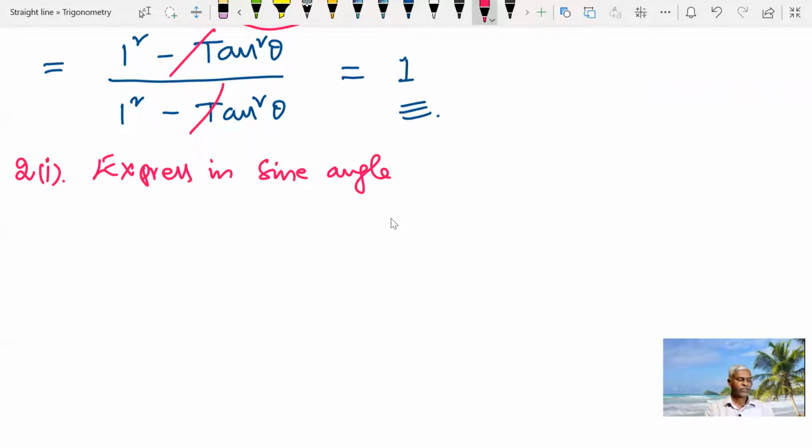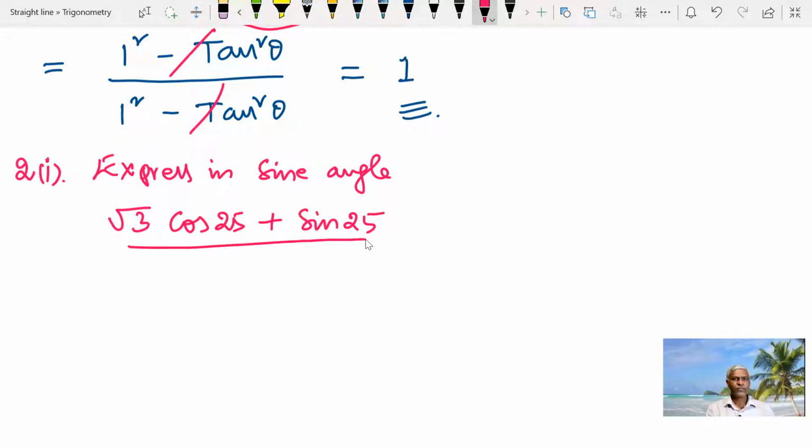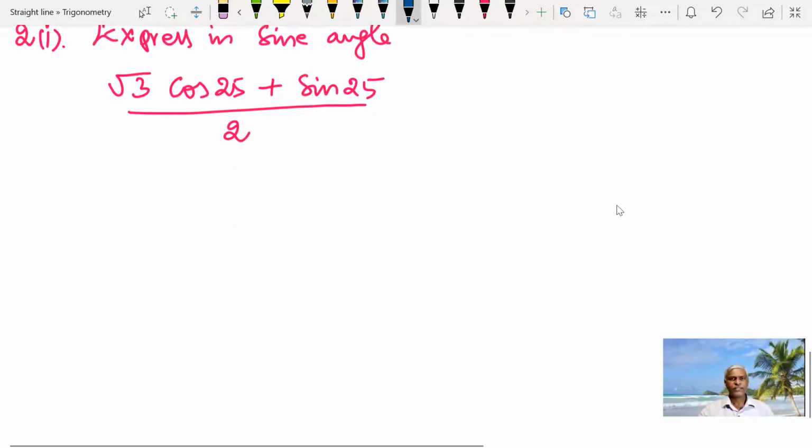Express the following in sine angle, that is √3 cos 25 plus sine 25 divided by 2. We have to express this in terms of sine.